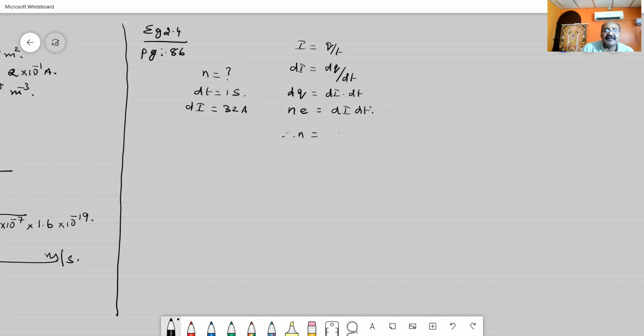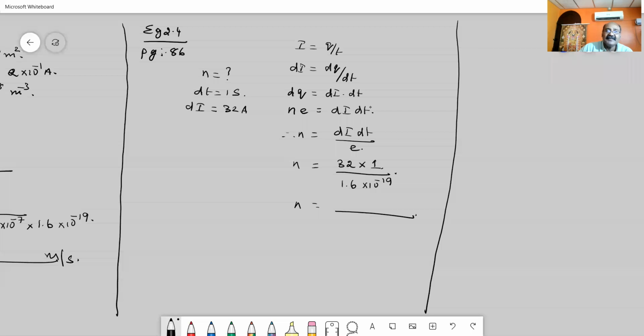Therefore, the number of electrons is I into dt divided by e. So n is equal to 32 multiplied with dt, 1 second, divided by e, the charge of the electron, 1.6 into 10 to the power of minus 19. So you calculate and find the answer.